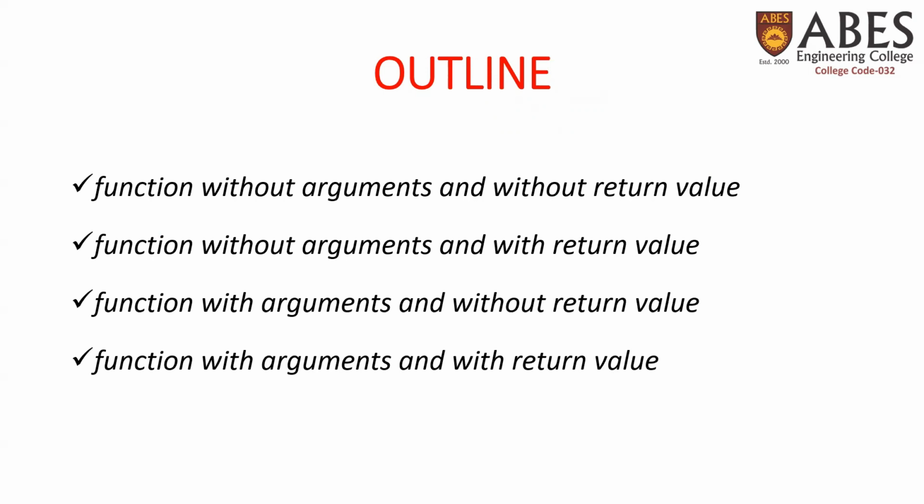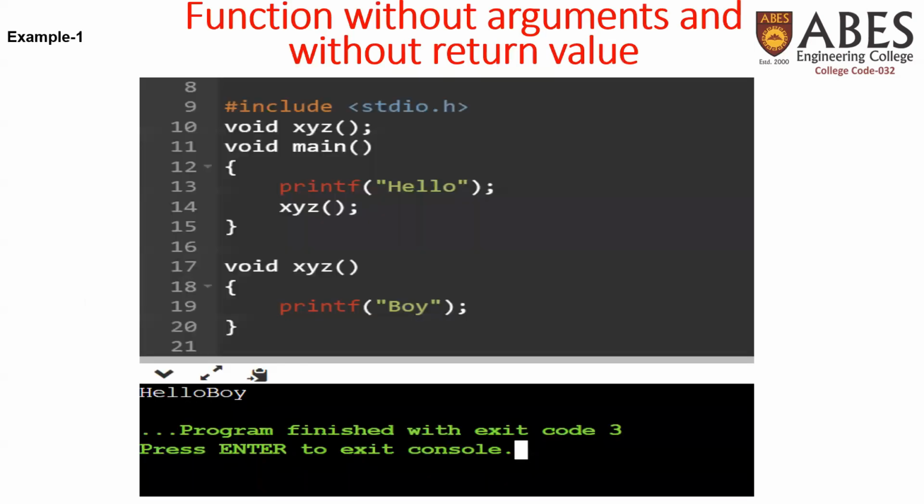A function will use arguments for itself, but will not return any value for itself. And fourth one, function with arguments and with return value. A function will use arguments for itself and will always return a value for itself. Now, we will dive into the implementation of these four calling formats of function.